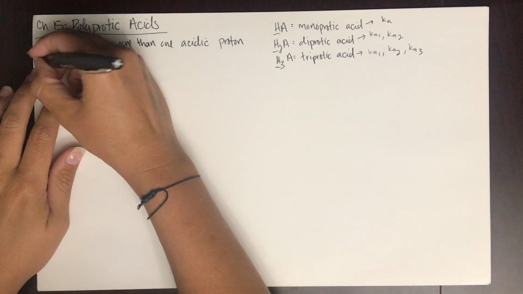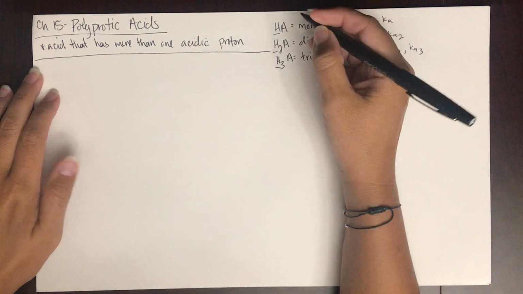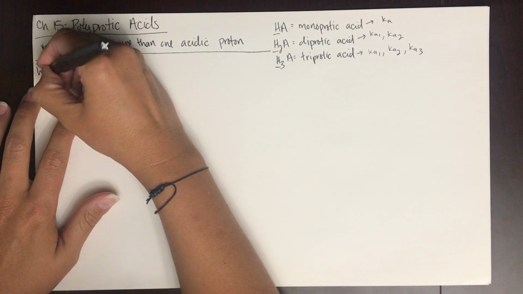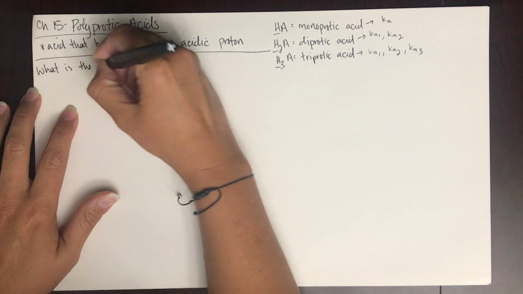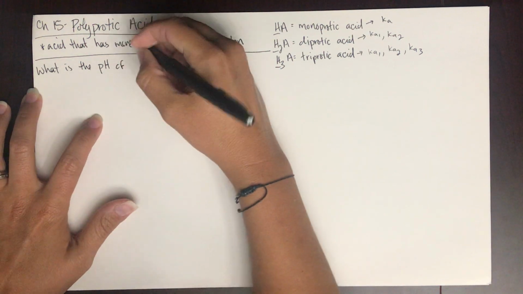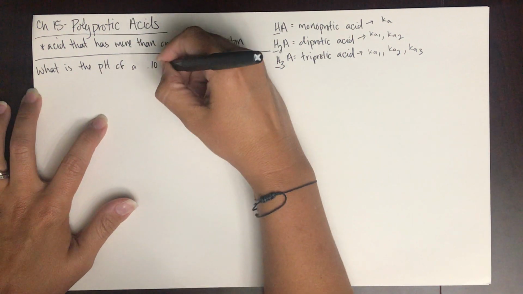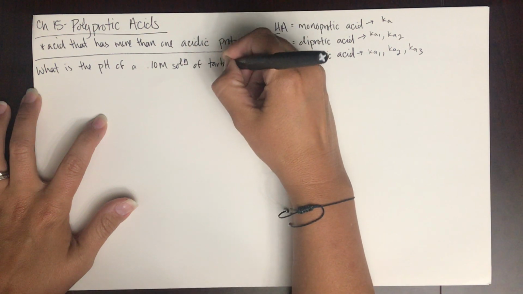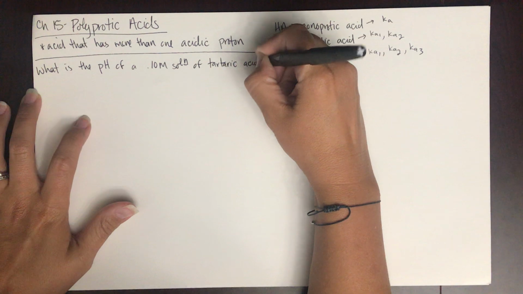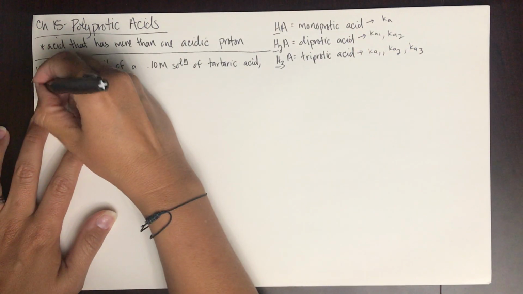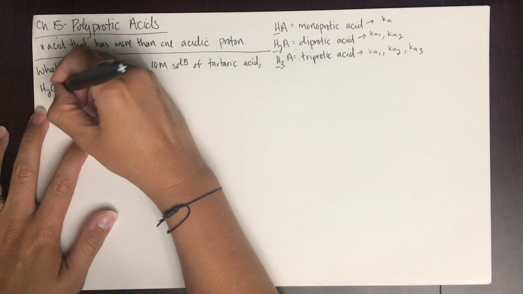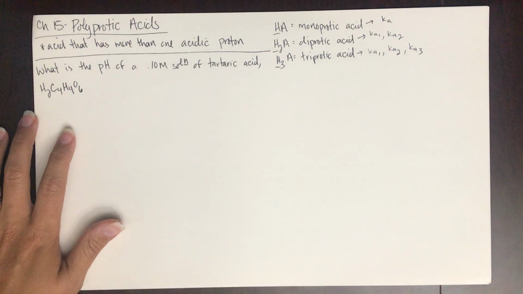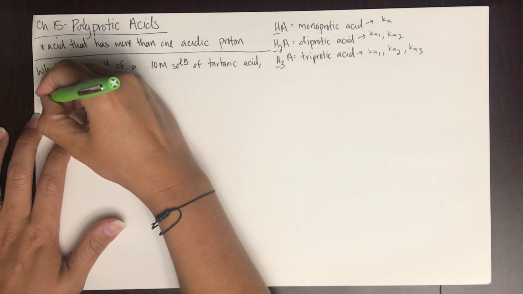This problem says, for the diprotic acid tartaric acid, what is the pH of a 0.10 molar solution of tartaric acid, which has the formula H2C4H4O6.